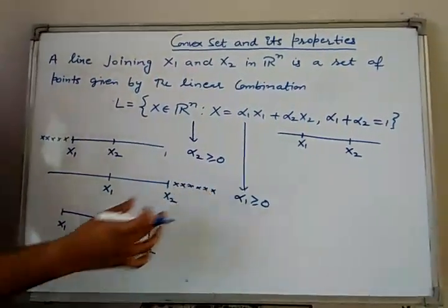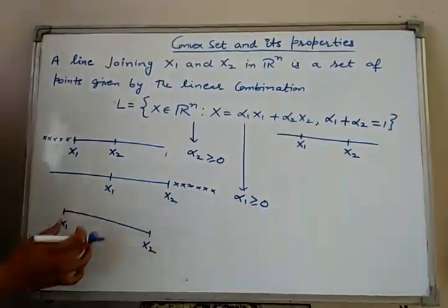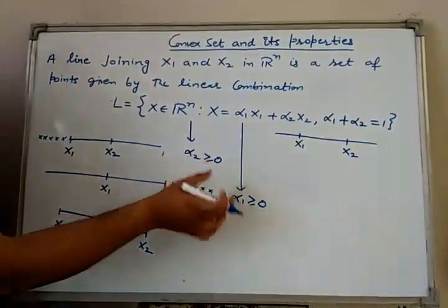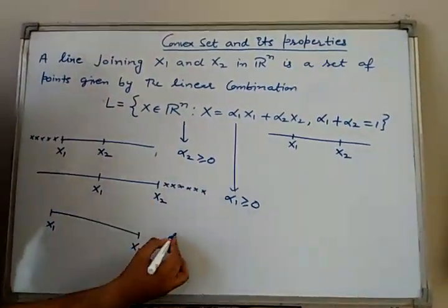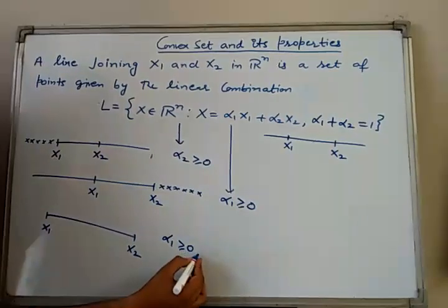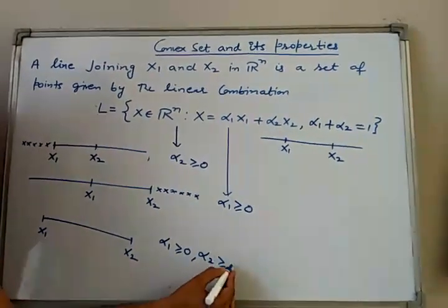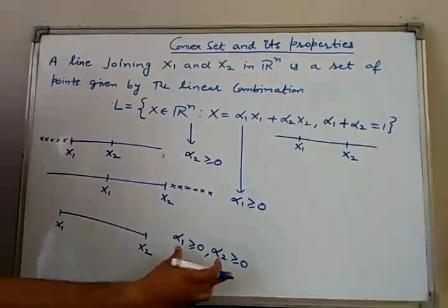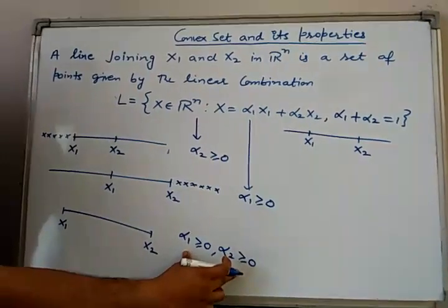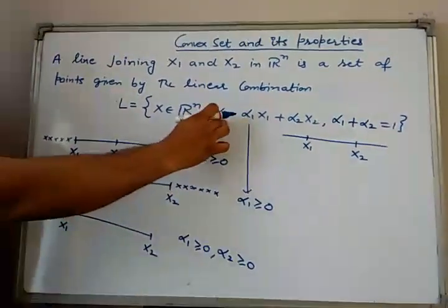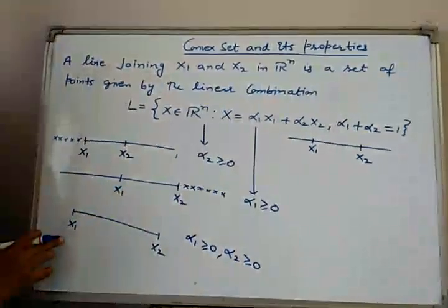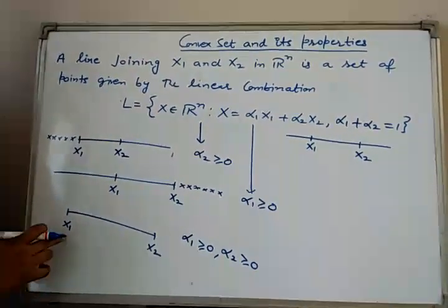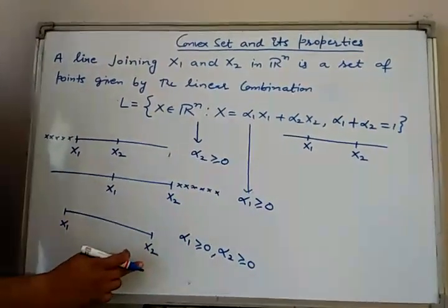Then what do we have to do? We impose these two conditions simultaneously, and then we get the equation of the line segment joining x1 and x2.